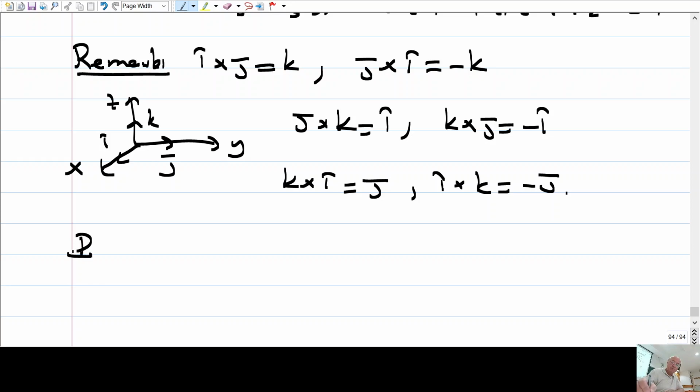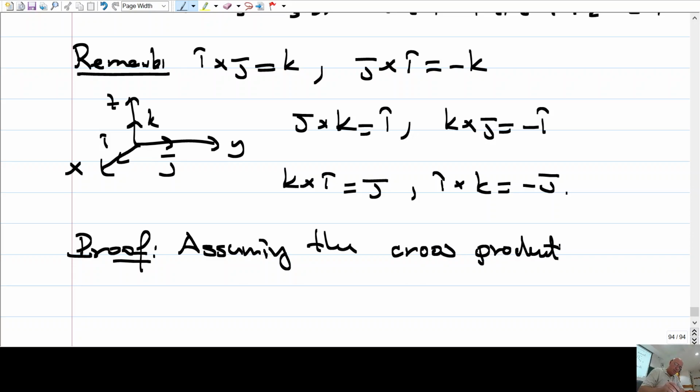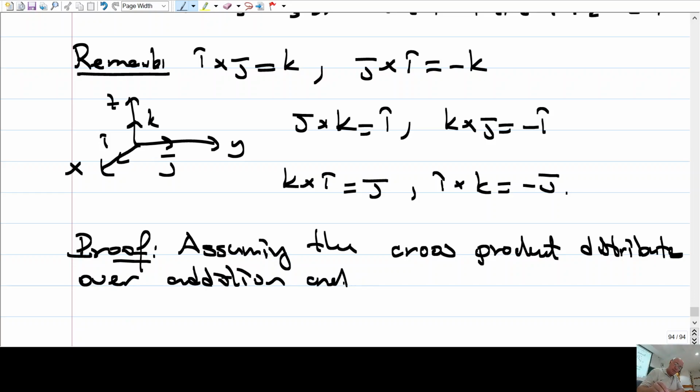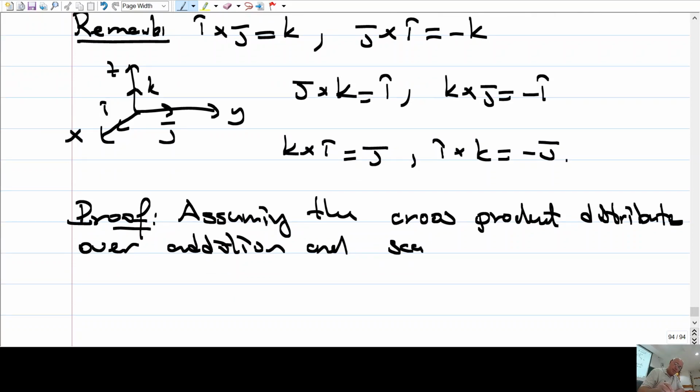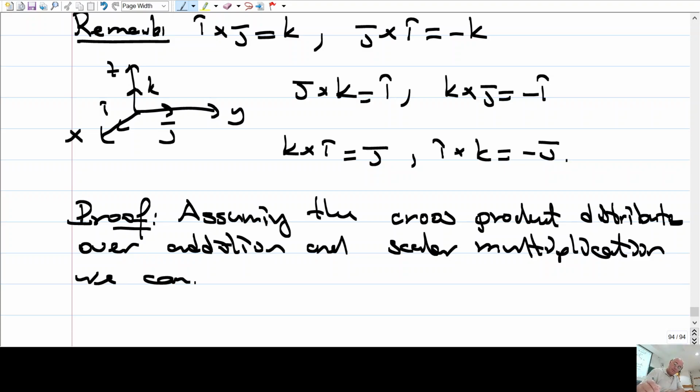Okay, using this, so proof, assuming the cross product distributes over addition and scalar multiplication, we can prove the theorem as follows.